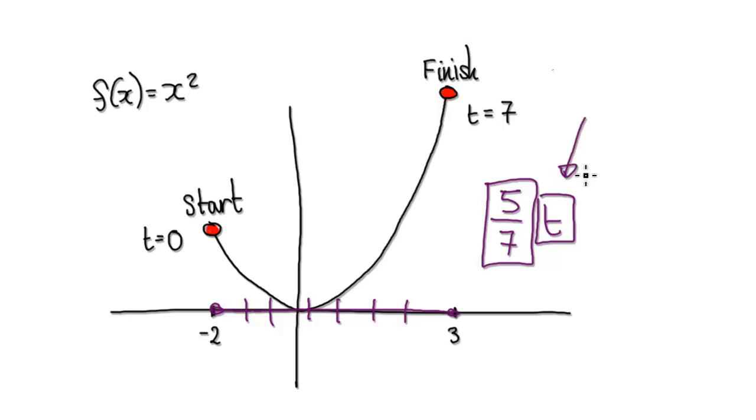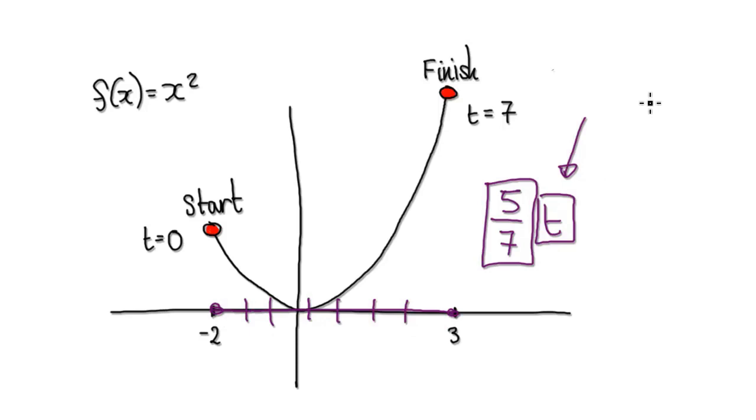One second later, you can see that it jumps to here. When t equals 2, it jumps 1, 2. When t equals 3, 1, 2, 3. When t equals 4, it will jump 1, 2, 3, 4. When t equals 7, 1, 2, 3, 4, 5, 6, 7, it will jump to the right place.